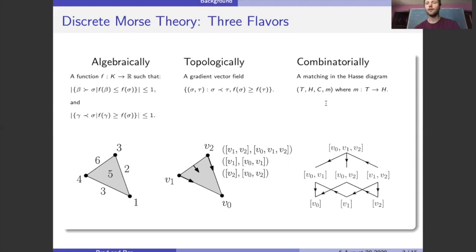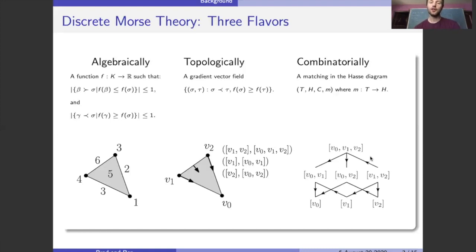Our third flavor is combinatorial, and we can think of a discrete Morse function as a matching on the Hasse diagram, the directed Hasse diagram. Paired simplices get an up arrow where all other edges are directed downward. So we see in this example, V1, V2 is paired with the face V0, V1, V2. So we get an up arrow there.